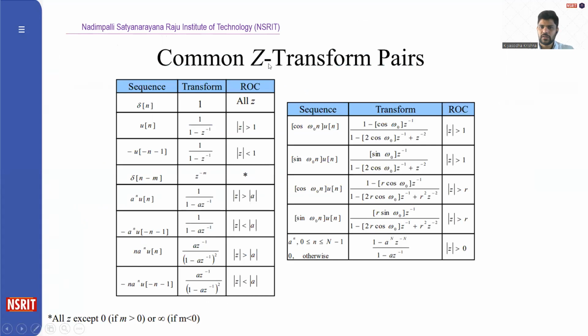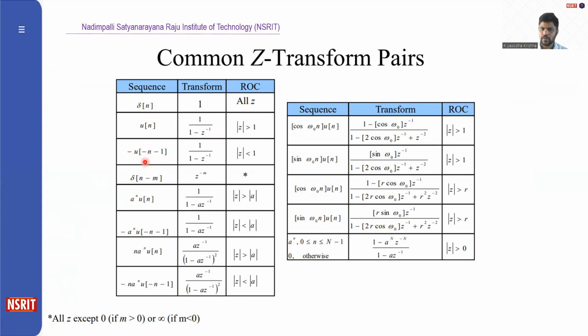So, some common z-transform pairs. We just studied these common terms, and next class we will derive all those terms. The sequence delta of n, then u of n, 1 by z minus z1.